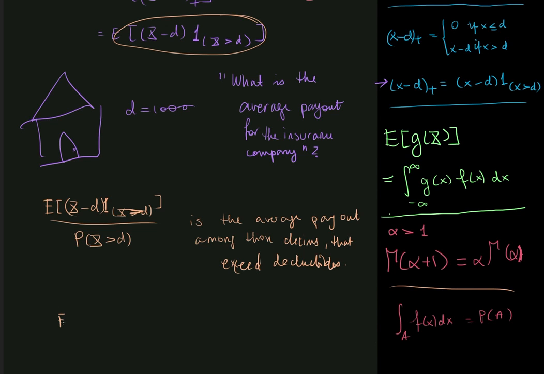However, if we only take the numerator, this thing here, then this stochastic variable can attain values of 0. So this is the average payout over the entire population of customers.